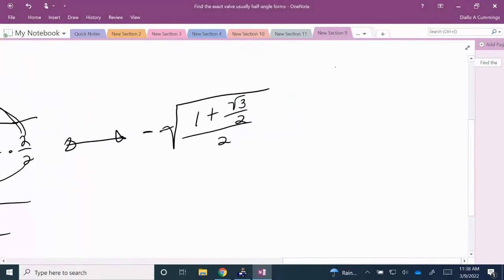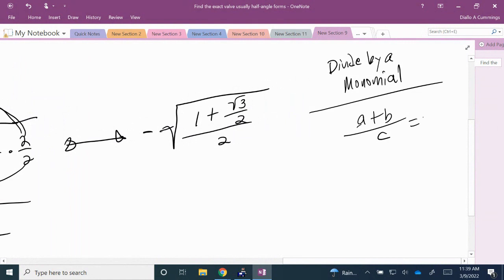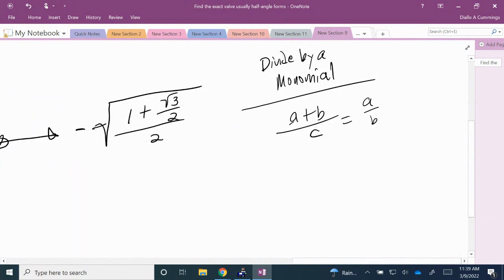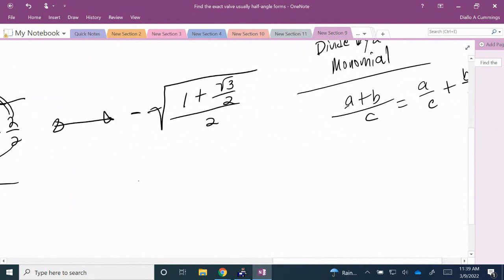From this point, I believe they used the divide by a monomial formula, and it says that a plus b over c is equal to a over c plus b over c. So that divide by monomial was applied here.